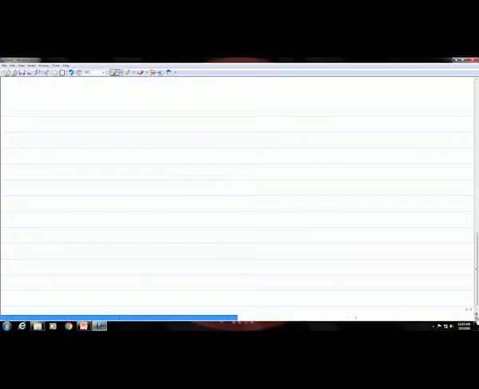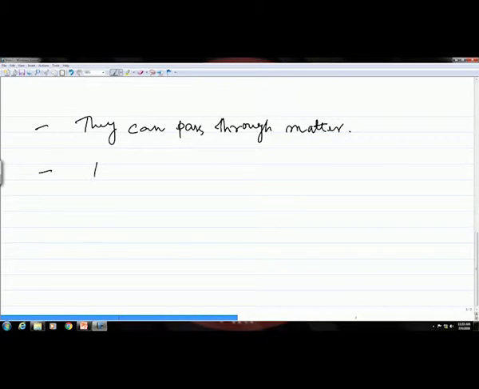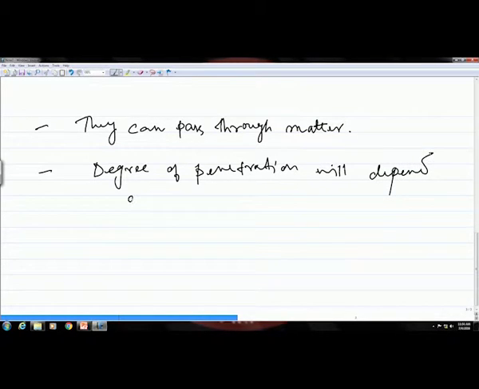And the other properties are they can pass through matter, as I told, because of the high energy levels. And this degree of penetration will depend on their energy and the material that they are going through.